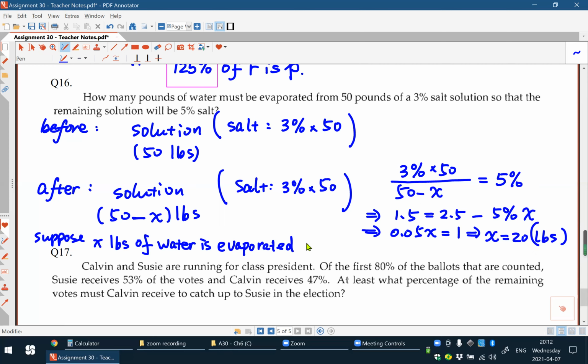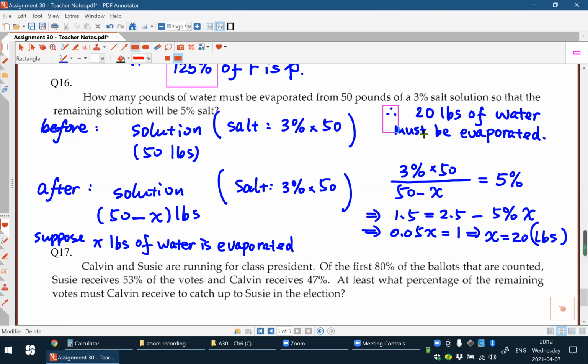Okay, so the conclusion is 20 pounds of water must be evaporated. Okay, any questions?